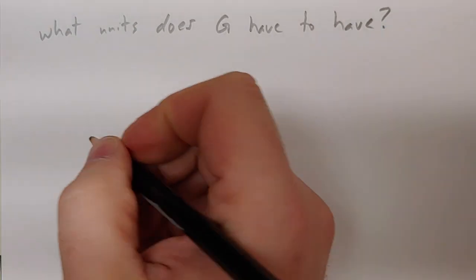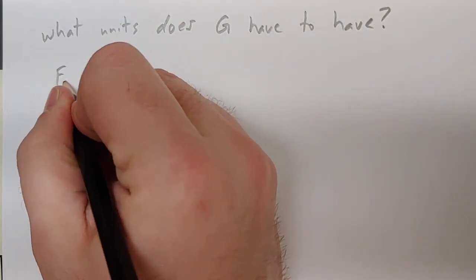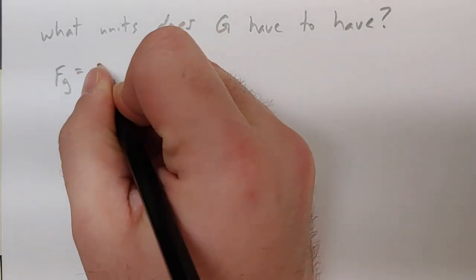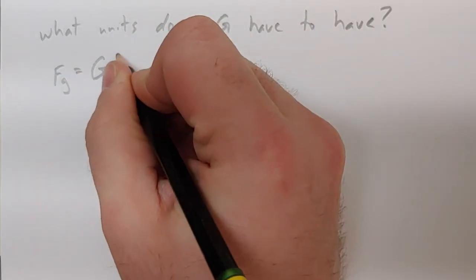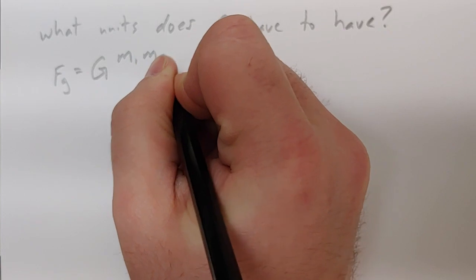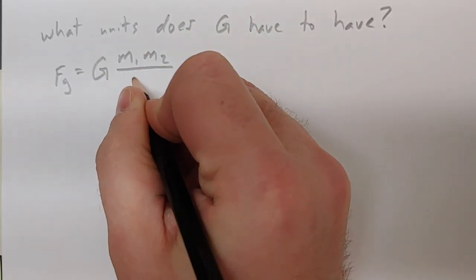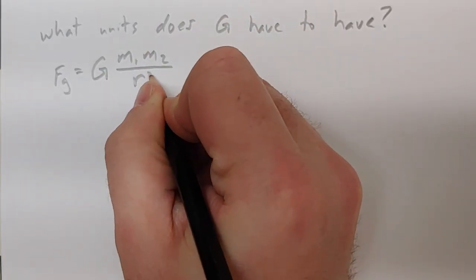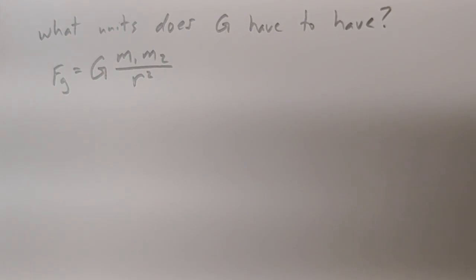Again, I'll just write the equation here. The force of gravity is given by big G times m1 times m2, divided by the radius, the distance between our objects, squared. Once again, I'd like you to pause the video and try to figure out what unit G has to have in order for that equation to work. So go ahead and do that.